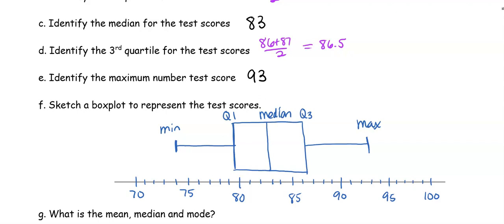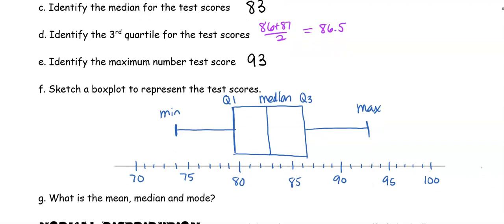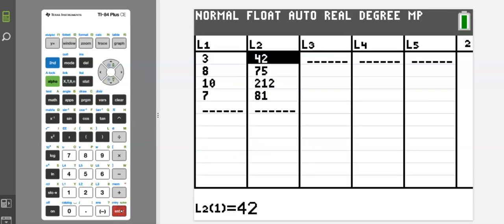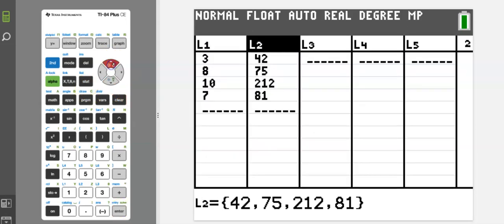So if we were to create, let's look at our mean, median, and mode. So we didn't find our average, which is fine. Let's go ahead and review our calculator. So if we go to Stat, Edit, we have our stuff in there from yesterday. Clear that.